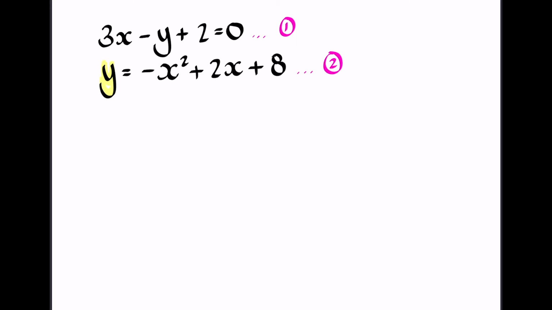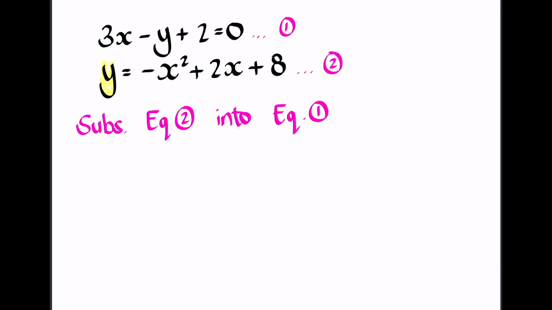Because equation number 2 already has an isolated variable, I'm just going to substitute that straight into equation number 1. So I'm going to say substitute equation 2 into equation 1.